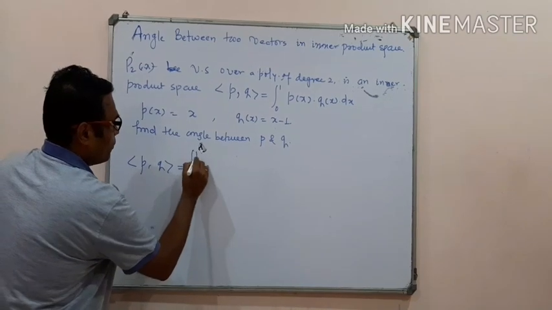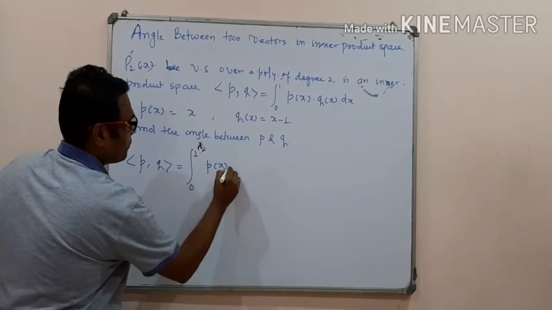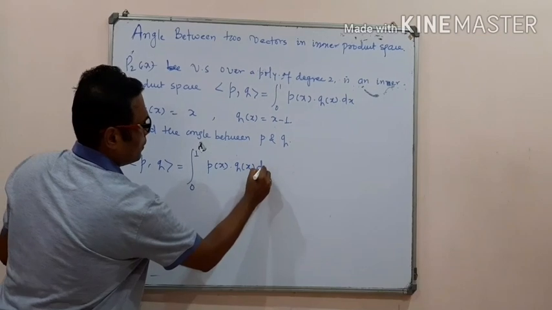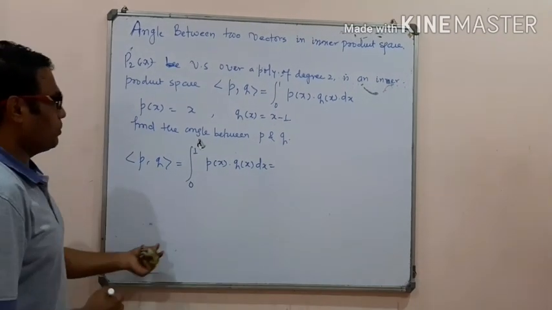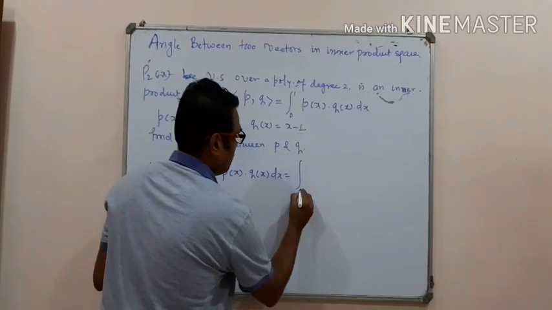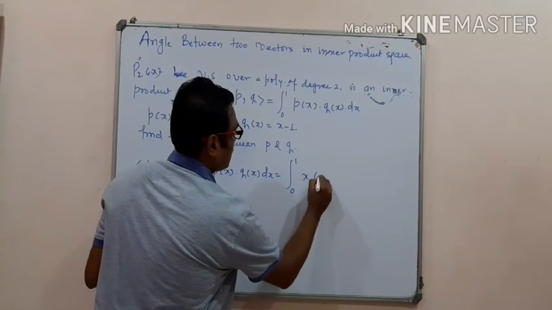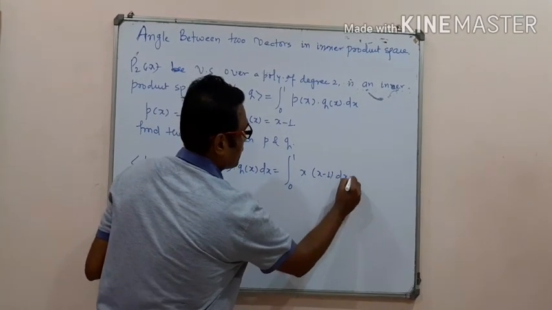So we find the integration between 0 to 1 of p(x) into q(x) dx. The p(x) is x, q(x) is x minus 1, into dx.